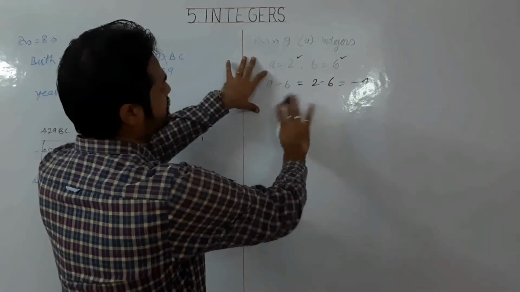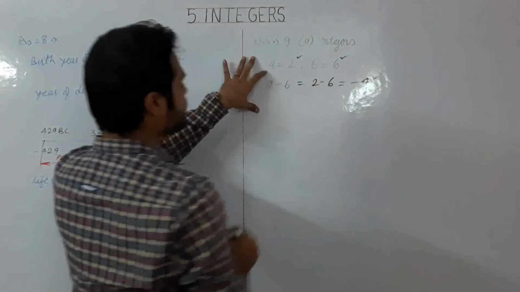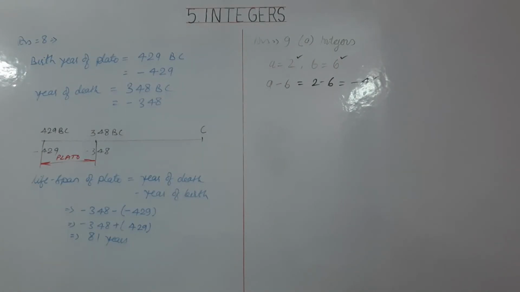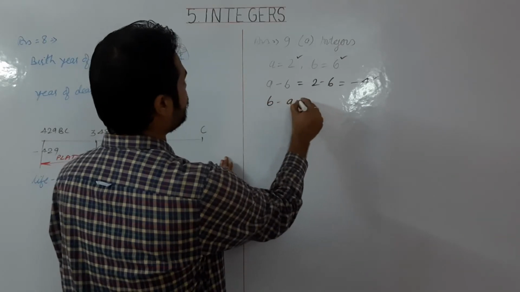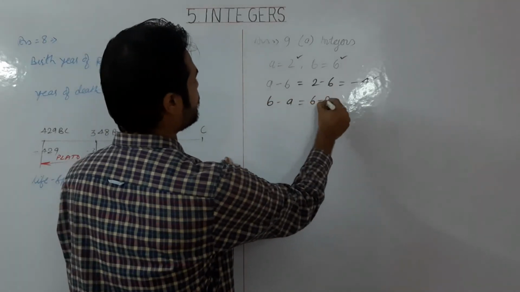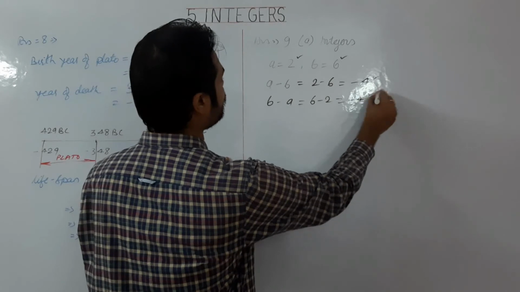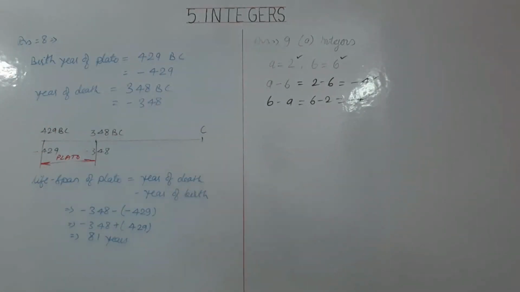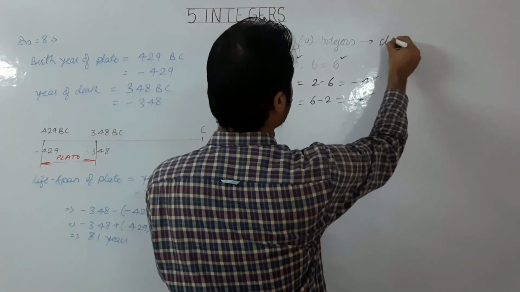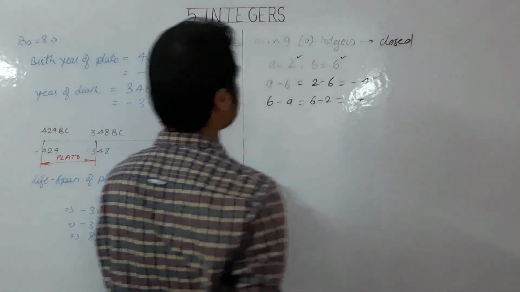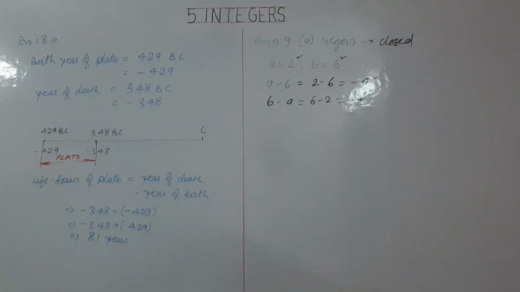Yes. And after subtraction, your answer minus 4 is also an integer, a negative integer, but yes, minus 4 is an integer. Or we can find b minus a. 6 minus 2 will be plus 4 or 4. 4 is also an integer. It means integers are closed under subtraction.